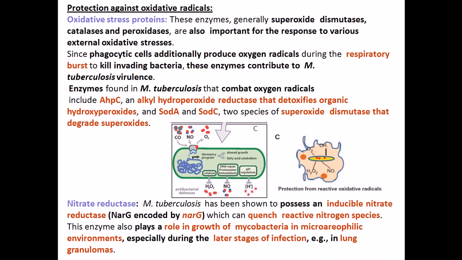Now the protection against the oxidative radicals can be of two different types. One is production of oxidative stress proteins and the other is nitrate reductase proteins. Now oxidative stress proteins, for example superoxide dismutase, catalases, peroxidases, and also different other important factors.